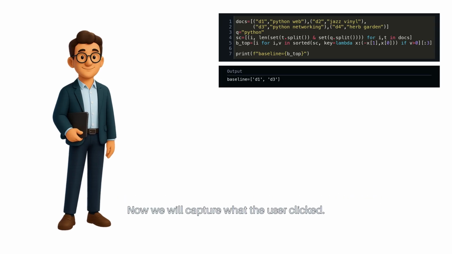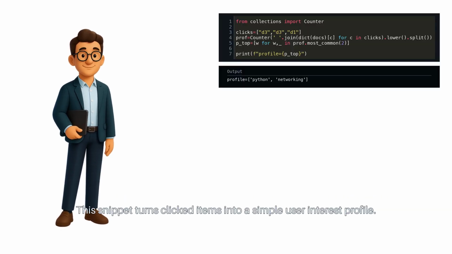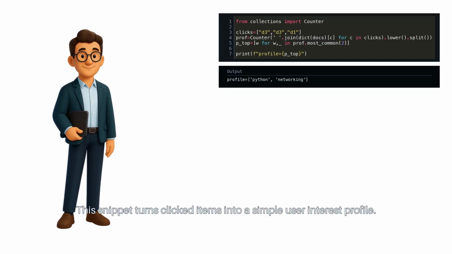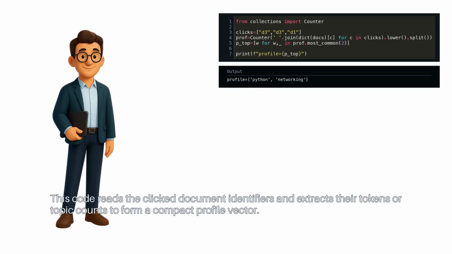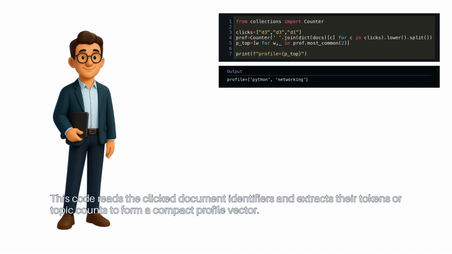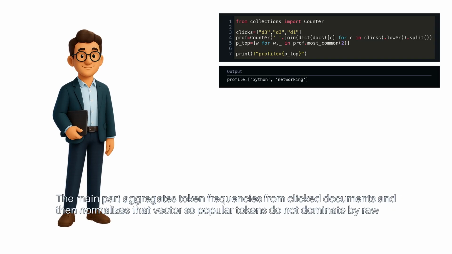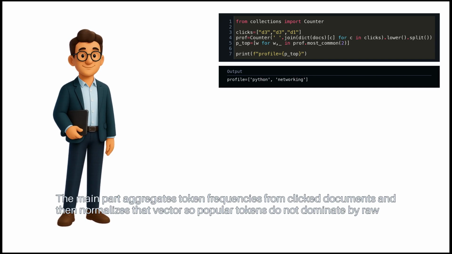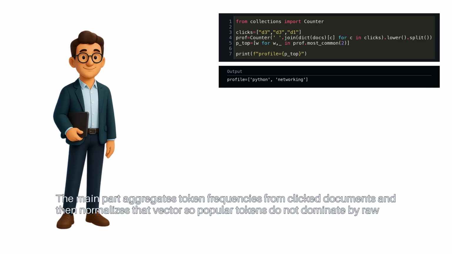Now we will capture what the user clicked. This snippet turns clicked items into a simple user interest profile. This code reads the clicked document identifiers and extracts their tokens or topic counts to form a compact profile vector. The main part aggregates token frequencies from clicked documents and then normalizes that vector, so popular tokens do not dominate by raw counts.